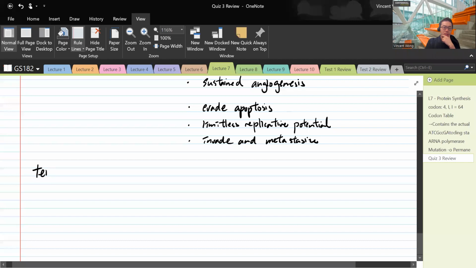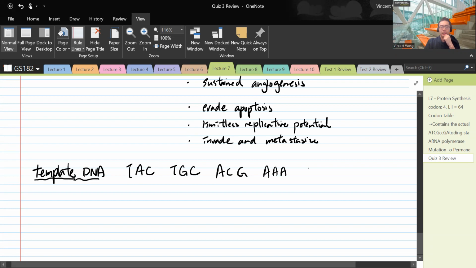Let's say we have the template strand, template DNA. Let's say it is TAC, TAC, TGC, ACG, and then whatever, like AAA, and then ATT.